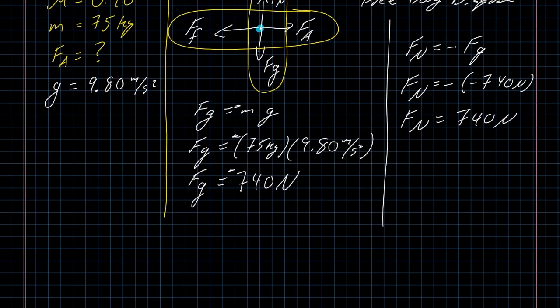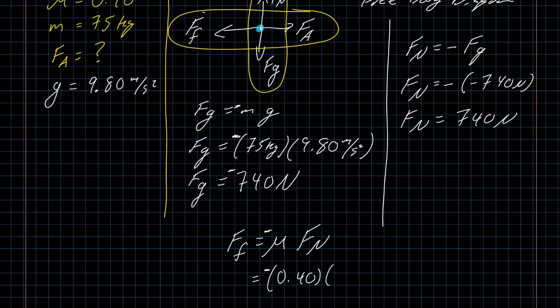And then one other equation that I know is that the force of friction is equal to mu times the normal force. Although my force of friction is pointing to the left, so I guess I should call that a negative value. I know that mu is given to us as 0.40.